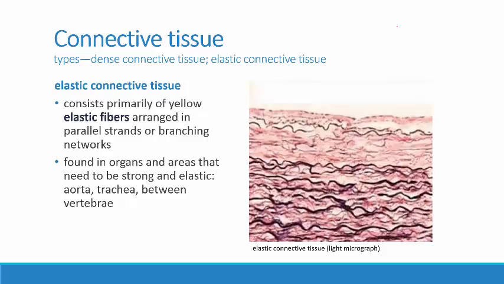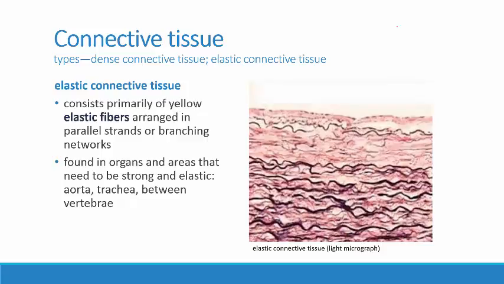The trachea, which has to be strong but elastic enough to be pulled in when the body requires less airflow, and then relaxed when the body requires greater airflow through the lungs. And even in between the vertebrae, we have these pads of elastic connective tissue that help to absorb the shock of walking and running and jumping that we do to ourselves.